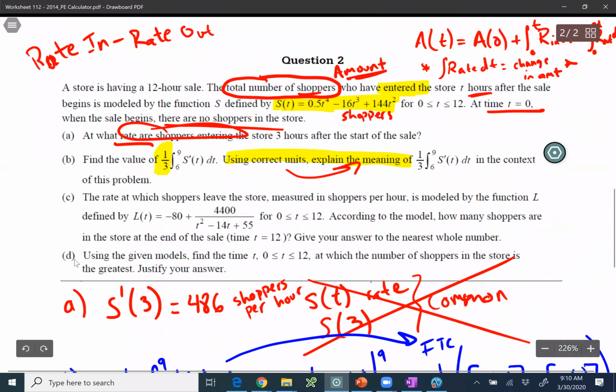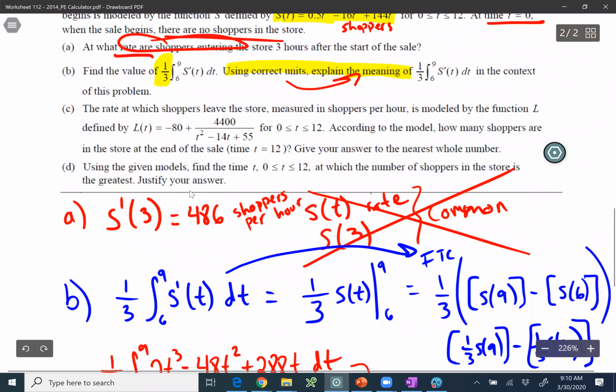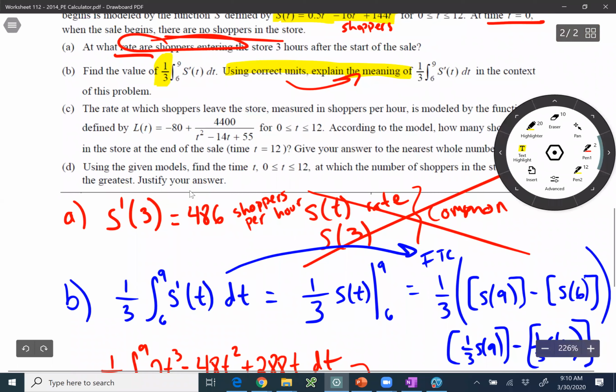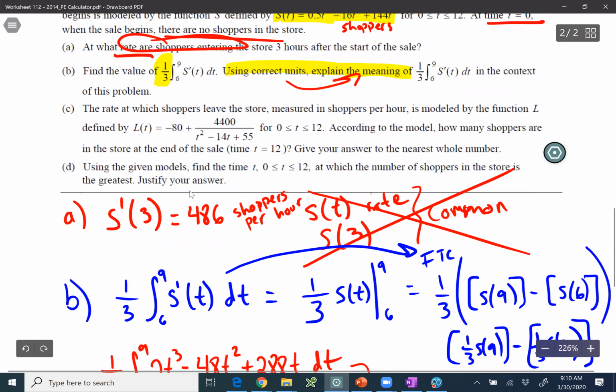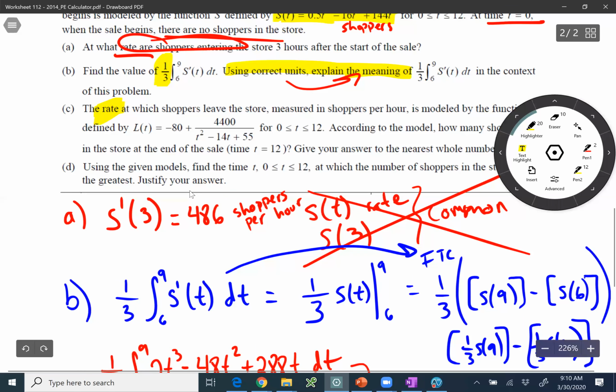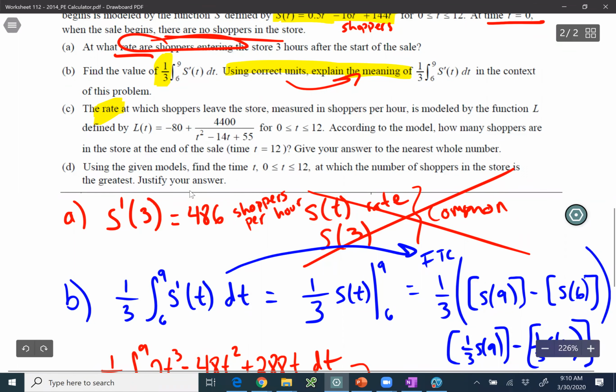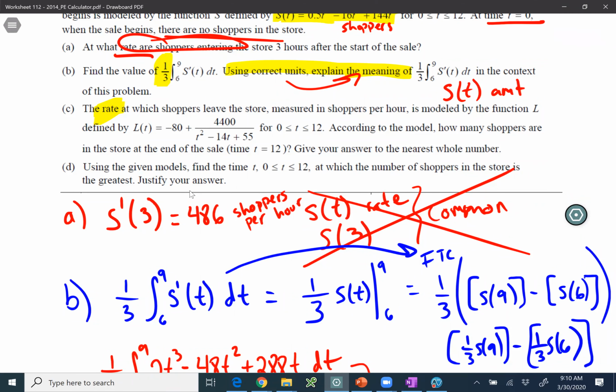Okay, see the rate at which shoppers leave the store. So now we're having leaving the store. And the hard issue with this is they're giving us a rate. And sometimes they do that. So what's happening here is that S of t is an amount, but now L of t is a rate.